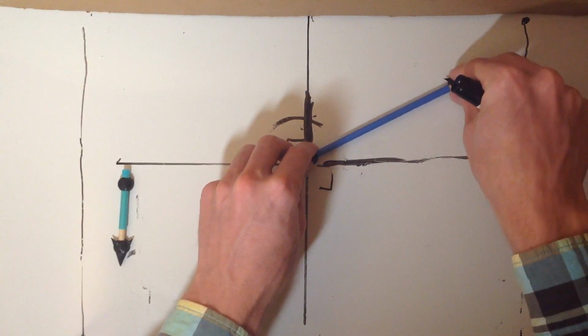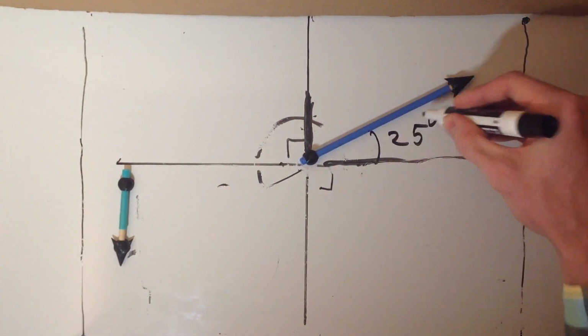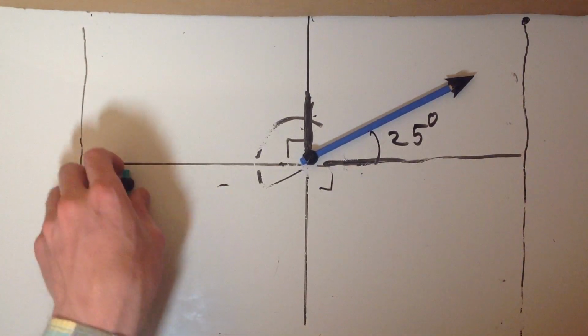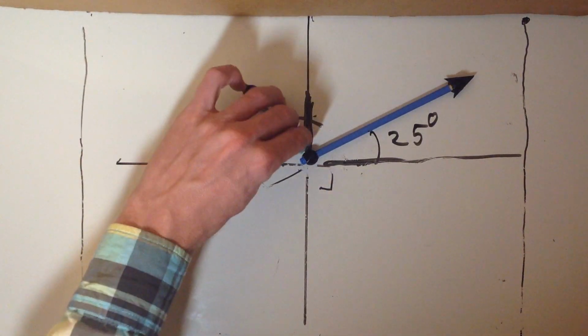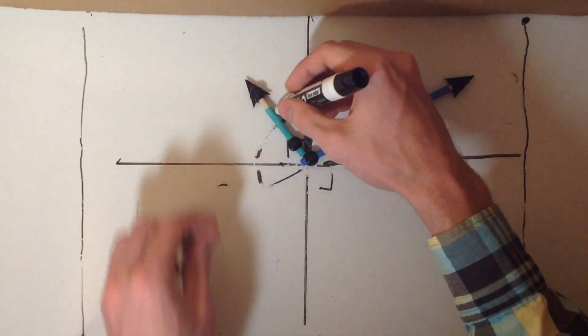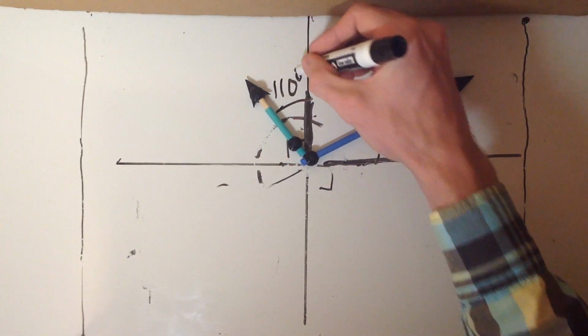We'll call this 25 degrees for our blue arrow. And then let's say we want to add it to our green arrow. Let's do this at 110 degrees.